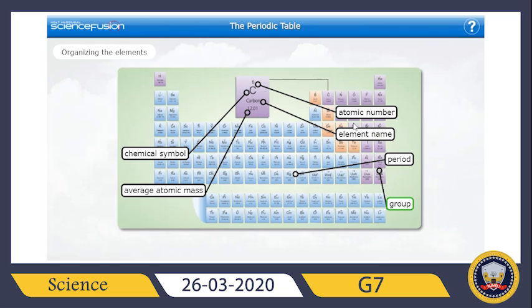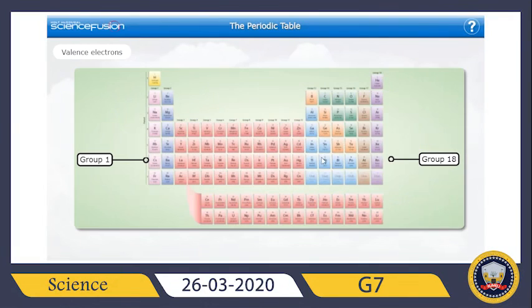Only these guys are some exceptions, but if you see the same color on the elements, they hold basically the same properties, and they have something called valence electrons. In the same group, you will see the same number of valence electrons.